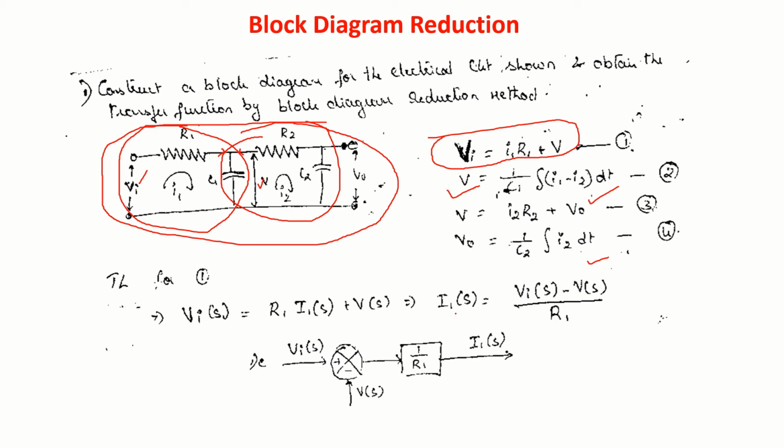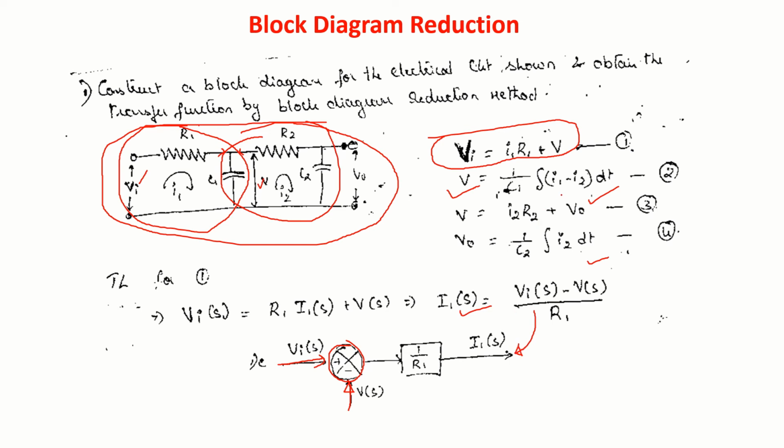So I1 of s is equal to Vi of s minus V of s divided by R1. Now you can choose a summing point. Vi of s is a positive value, minus V of s negative value, multiplied by 1 by R1 must be equal to I1 of s. This is the block diagram equivalent of this equation.